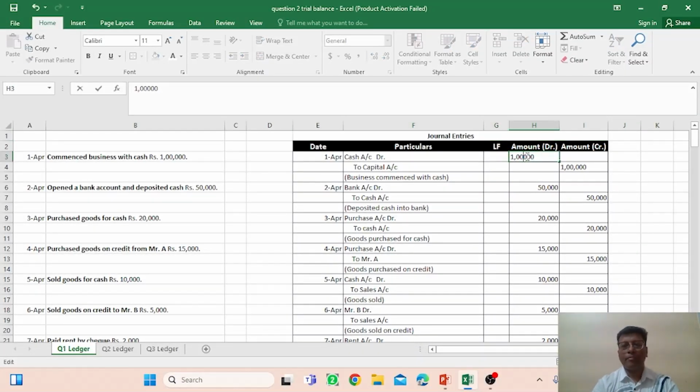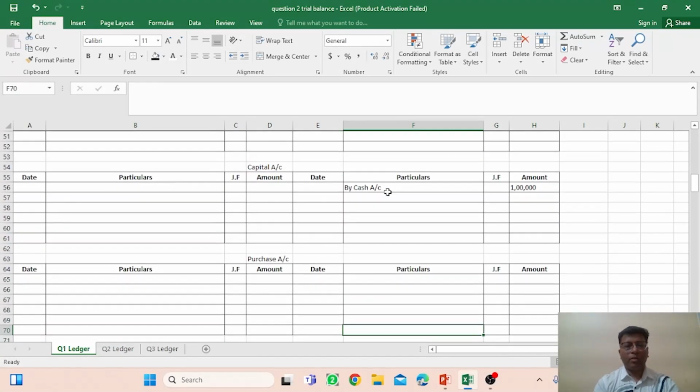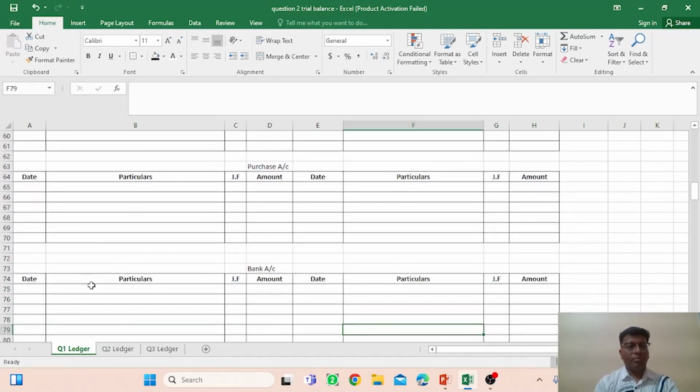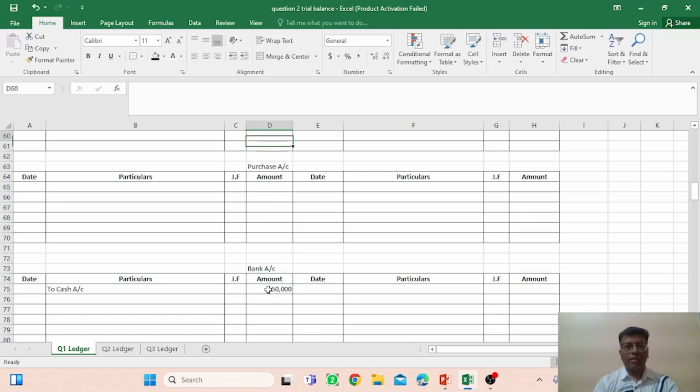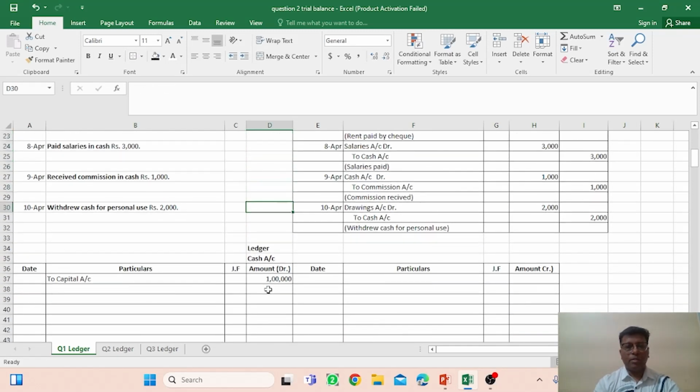Okay, and second entry is bank account debit to cash account rupees 50,000. So in the bank account you have to mention to cash account, and amount is rupees 50,000, and in the cash in credit side you have to mention by bank account rupees 50,000.